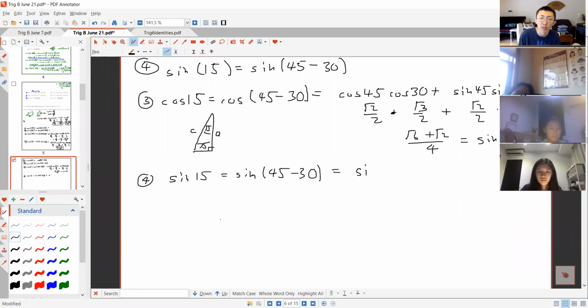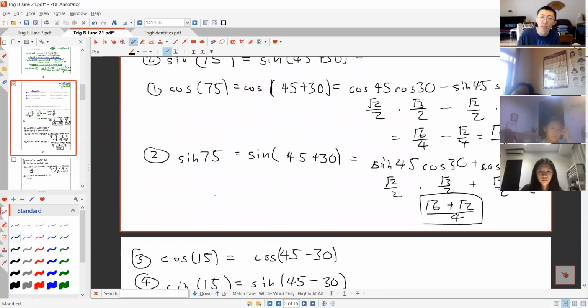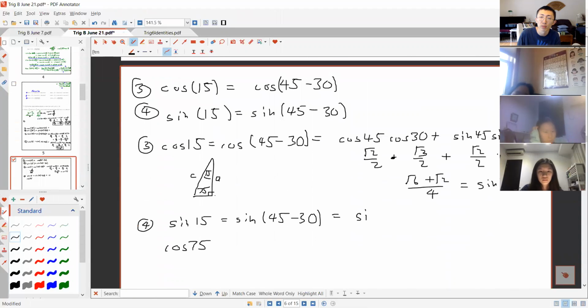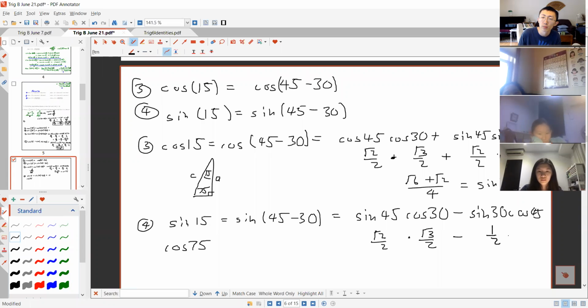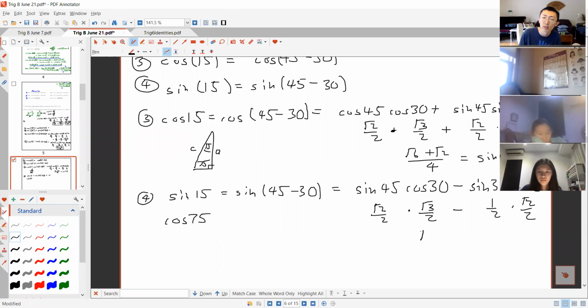That means this one we could just say is cosine 75 and look at our answer from above, root 6 minus root 2 over 4. But if we want to just check it, sine cosine minus sine of the second angle, cosine of the first. And yeah, that's the same thing. We get root 6 minus root 2 all over 4.